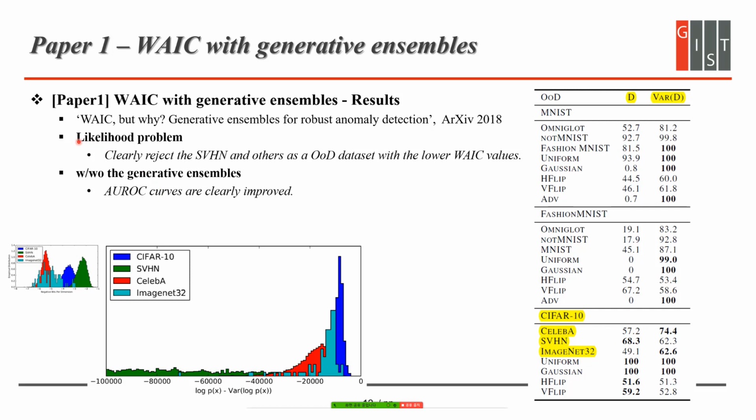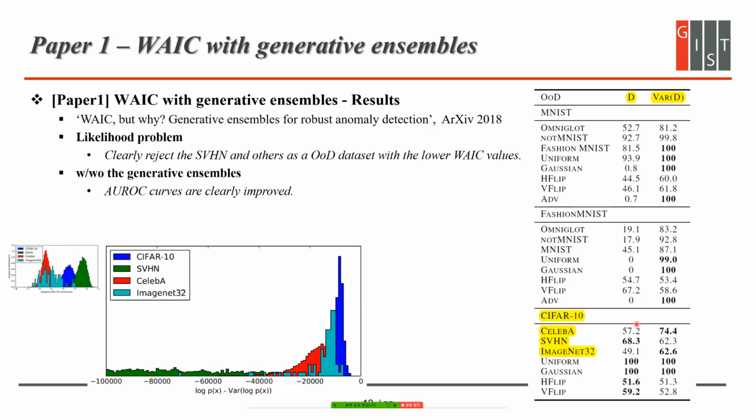So we could say that the likelihood problems, which we talked about in the previous paper, are solved. Clearly, SVHN and ImageNet, and also these values.